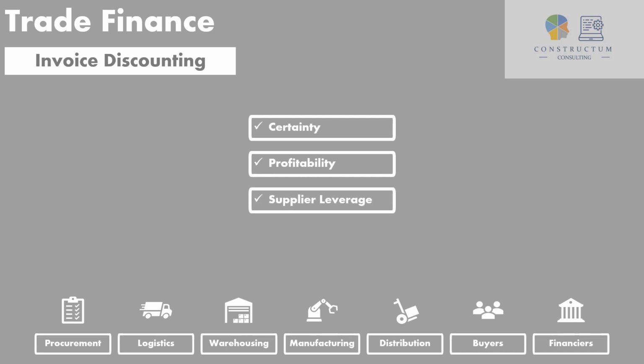Supplier leverage. The trading business secures access to surplus capital, in most cases more money than what it needs to fulfill the purchase order, making it possible for the business to procure larger quantities of stock from suppliers.